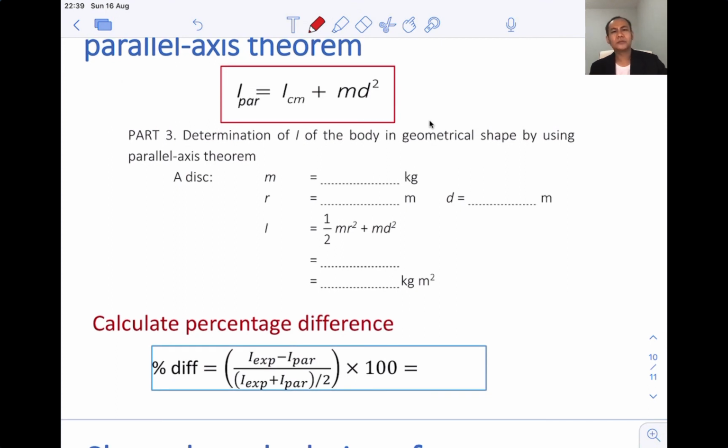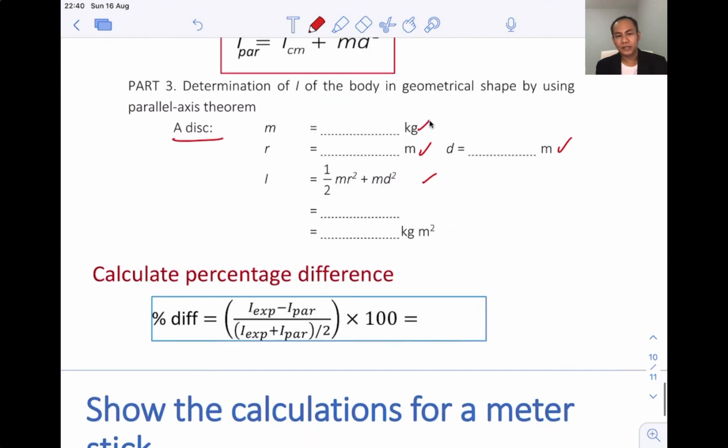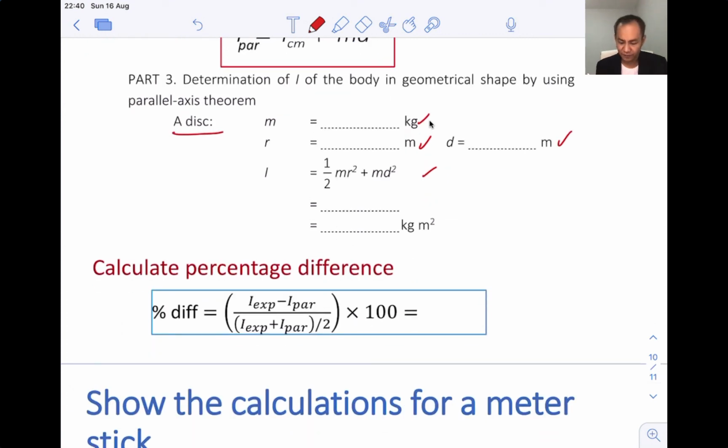For example, you use a disk and then you can record the mass here, and then R is the radius of the disk, and D is the distance between the pivot and the center of mass, and then you can calculate the moment of inertia using this equation, and then you can calculate the percentage difference by using this equation.